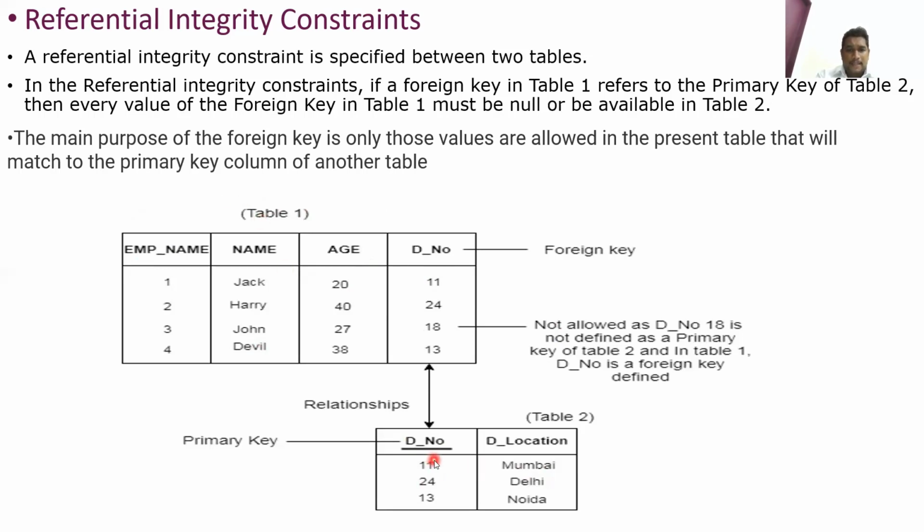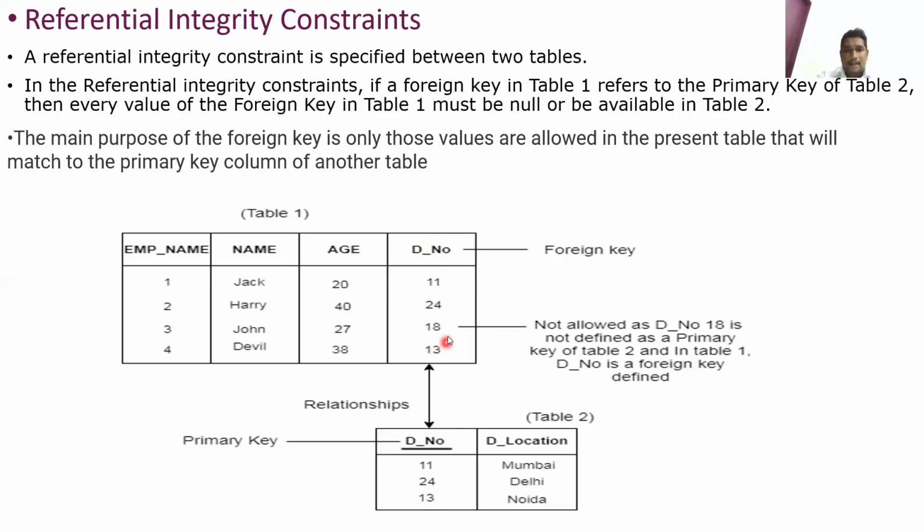The important point here is that whatever data lies in the primary key attribute may or may not be available in the foreign key, but whatever data is not available in the primary key should not be available in the foreign key. So if we have 11, there should be 11; if you have 24, there should be 24; if I have 13, there should be 13.